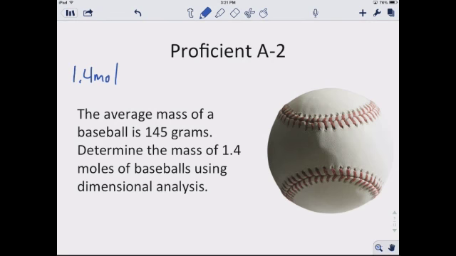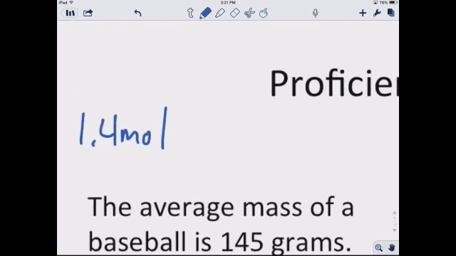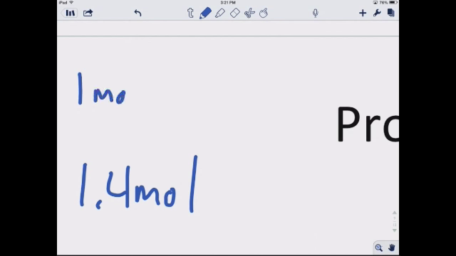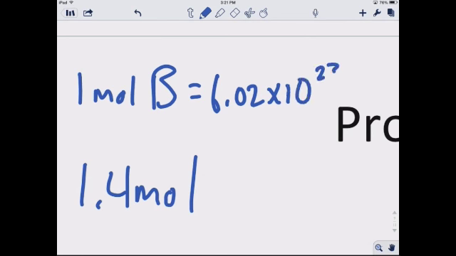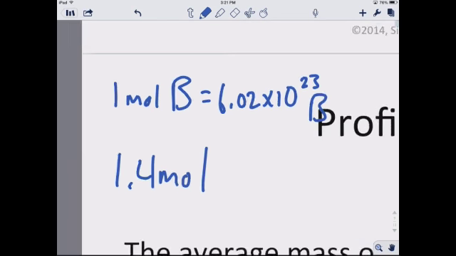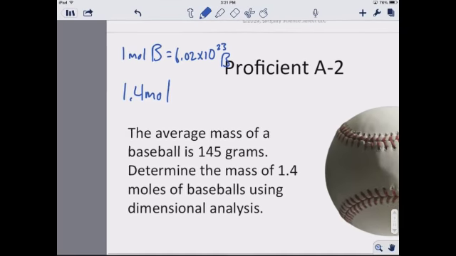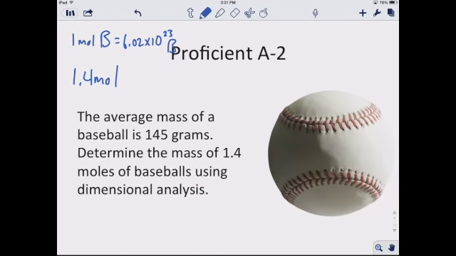Well, we just did a conversion where we said 1 mole of anything, and this is just baseball, so I'll just put B, equals 6.02 times 10 to the 23rd baseballs. So when we're looking at this, moles and moles, set it up.